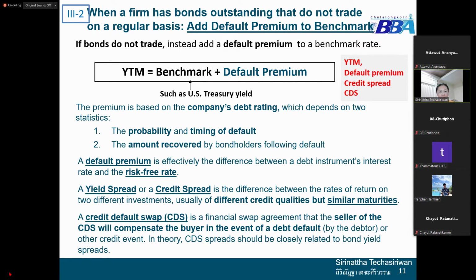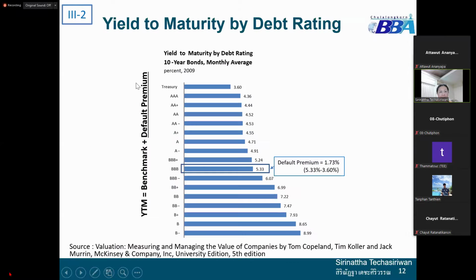So the price of the credit default swap is supposed to reflect the default risk of the debt. Given the credit rating, you can look at different pricing, yield, or premium to estimate the cost of debt of the company that you want to analyze.